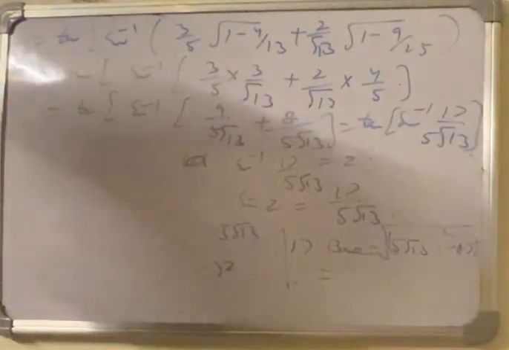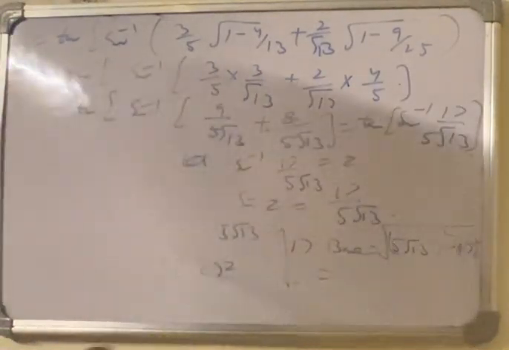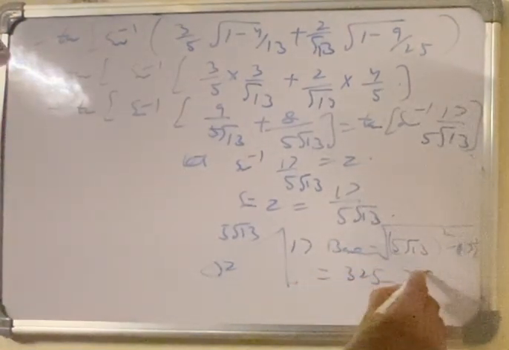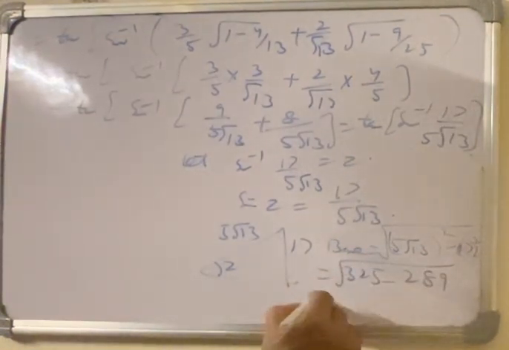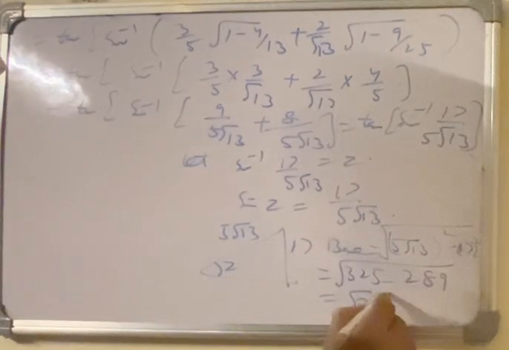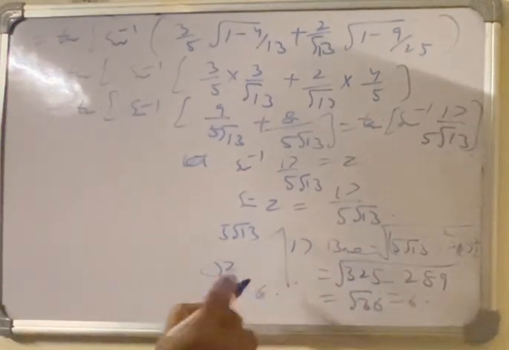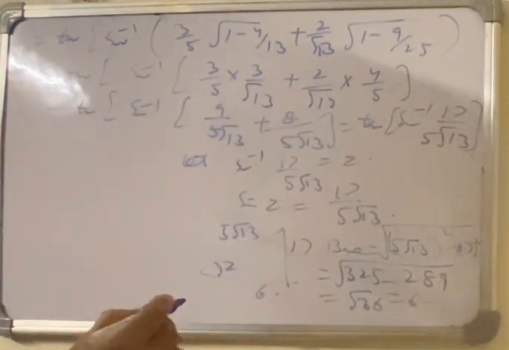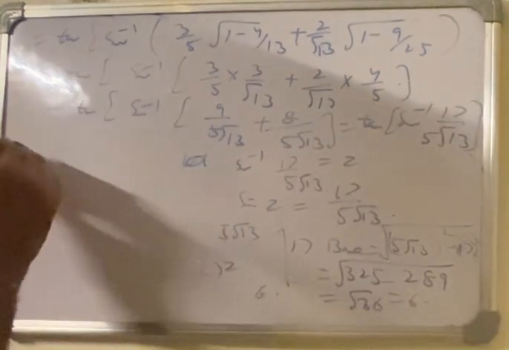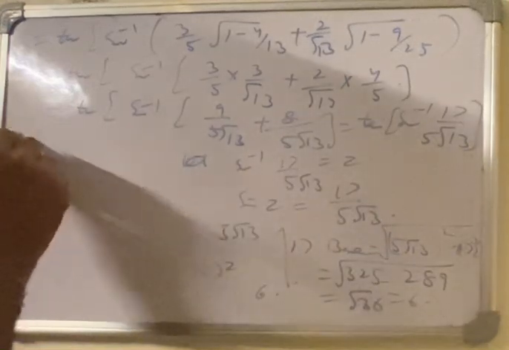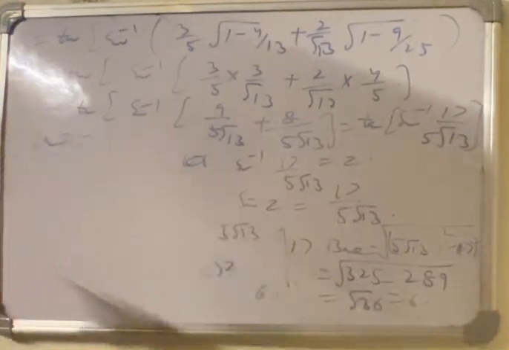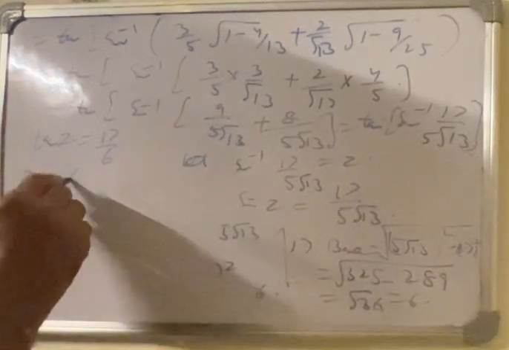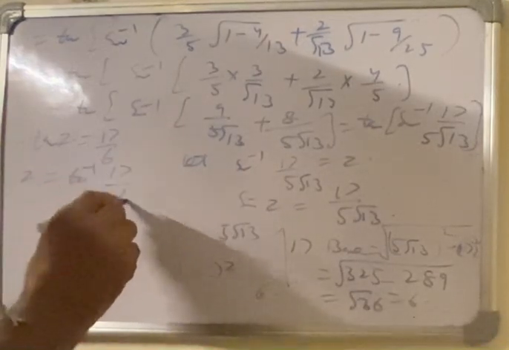This is 25 into 13 is 325 minus 289, square root of 36, which is 6. So base is 6. Therefore tan z is equal to 17 over 6. Z is equal to tan inverse 17 over 6.